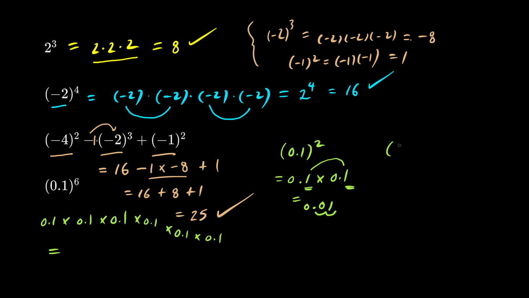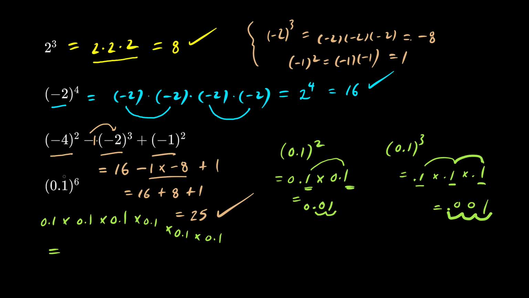Now if this question was what's 0.1 cubed, we would have 0.1 times 0.1 times 0.1. 1 times 1 times 1 is simply 1, but because there's a total of 3 digits after the decimal, we have to go boink, boink, boink, which means we have 0.001, a total of 3 digits after the decimal.